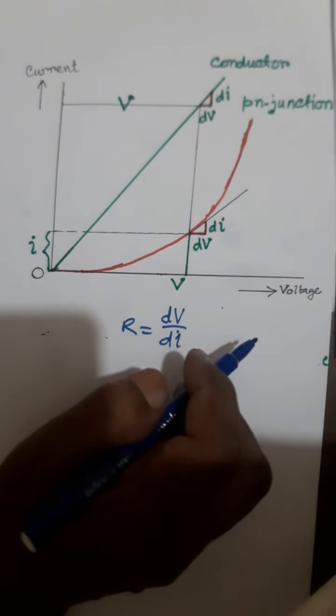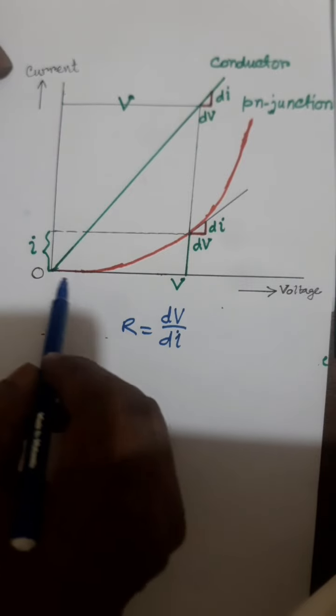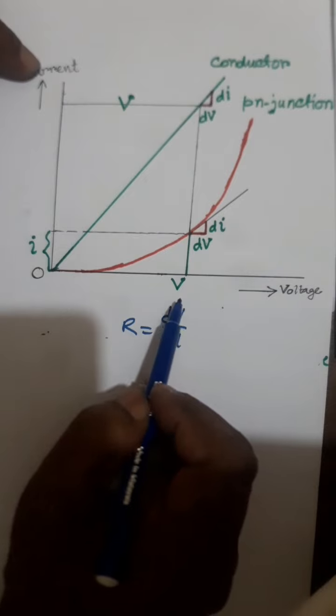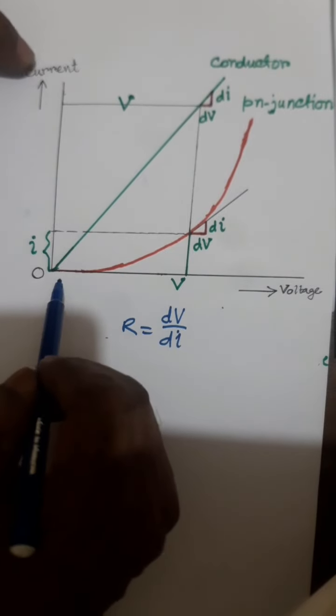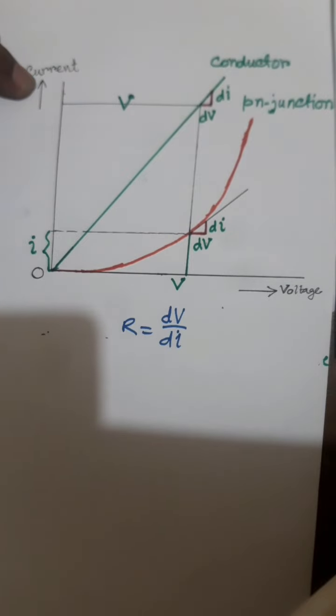But V by I is the average resistance in the interval 0 to V, or in the interval 0 to I. This average resistance is called DC resistance or R DC.